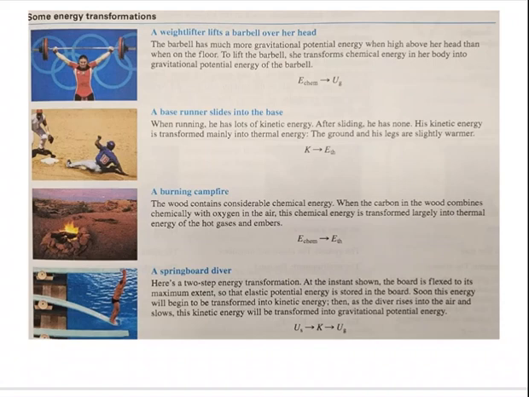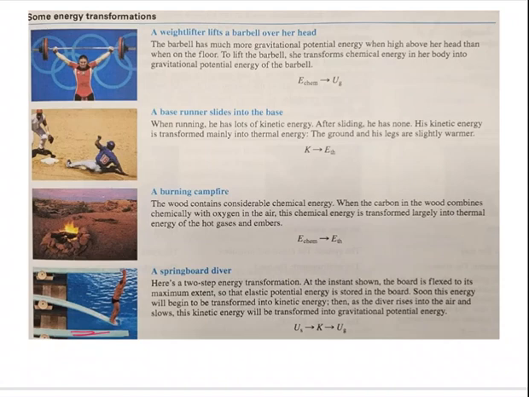All right, so this is a two-step process here for the springboard diver. The energy transformation that's going on here is, when we look at the picture right now, we have the board being flexed. So the elastic potential energy is stored in the board. The board in its relaxed state is acting like a spring right now.